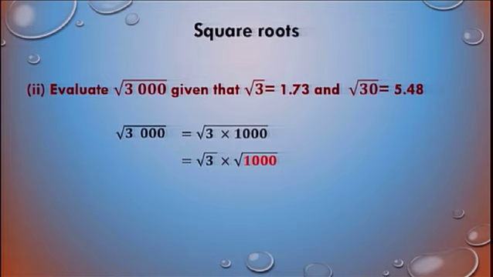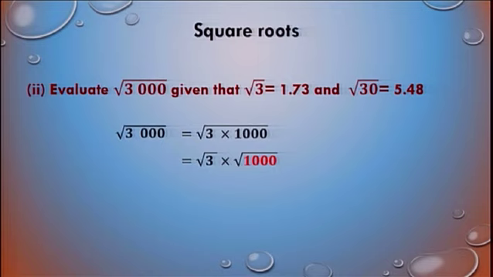Square root of 3 is given, but what about square root of 1000? 1000 contains 3 zeros. While evaluating the square root, we need to take half the number of zeros, which is not possible. And you also know that square root of 1000 does not form part of the standard values.